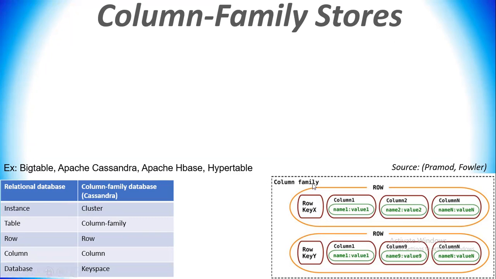A table is known simply as a column family. The row has the same name, row, and the column has the same name, column. A database is known as keys.